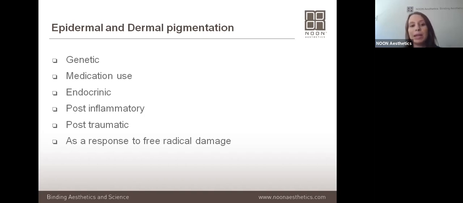Another reason can be post-inflammatory or post-traumatic, which can be caused after acne, for example, or if the skin is experiencing trauma. We can also see a defect in the pigment, in the melanin production. And the last reason in this subject can also be a response to free radical damage.